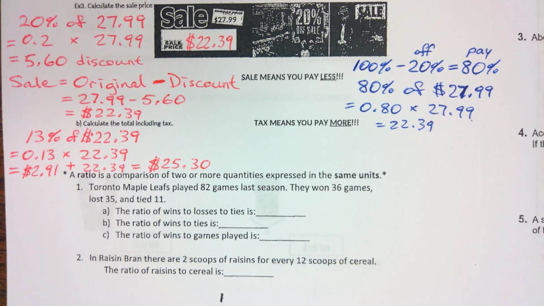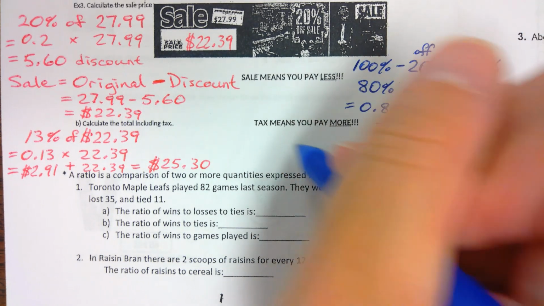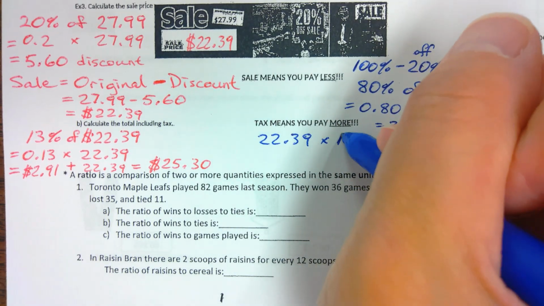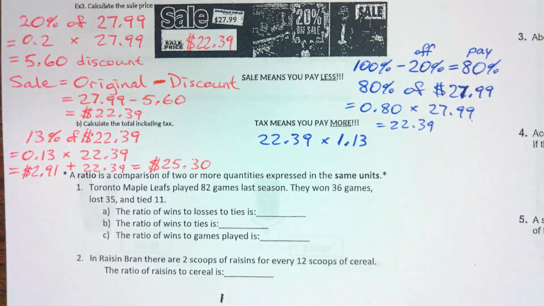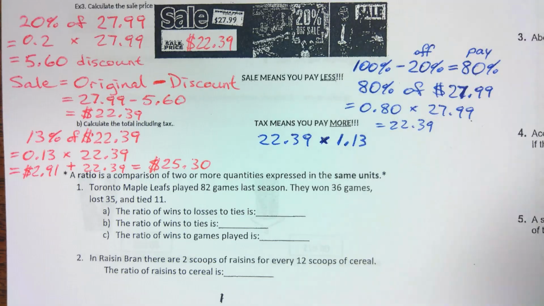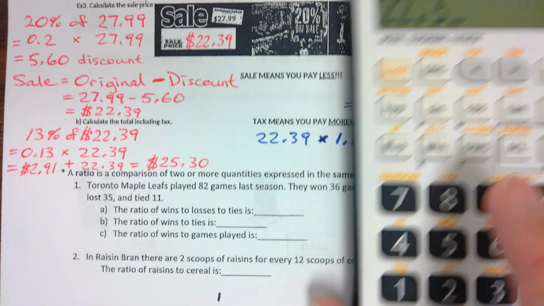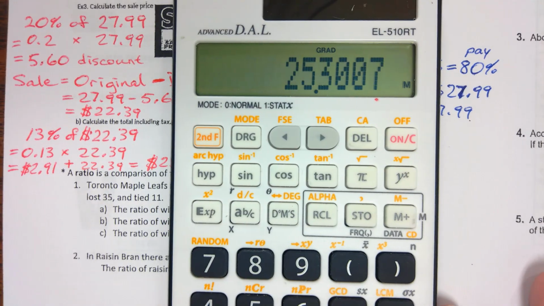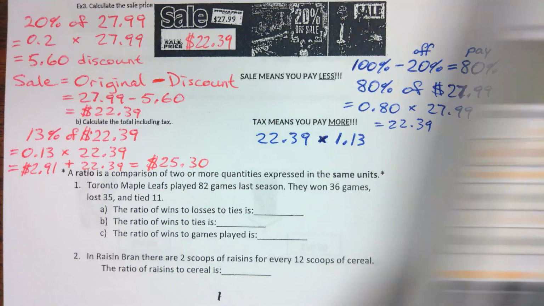Now, of course, in math there's a shortcut to everything. I love teaching shortcuts. What if you get the shortcut wrong? Then you do the long cut. Okay, Sarah, what were you going to say? Multiply by 1.13. Yes. The shortcut is just 22.39 times 1.13, all in one step, and you get, ta-da, 25.30.